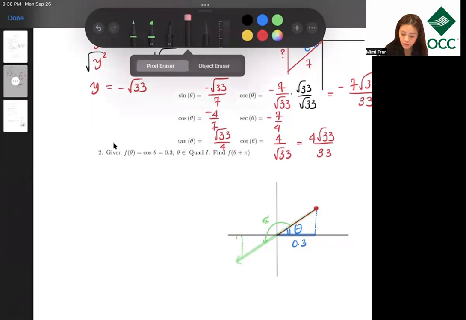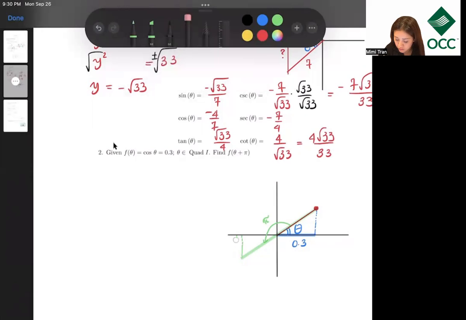Like that. All right. So by symmetry, this angle right here is also theta, right? And the length right here is also 0.3. However, because it is now on the left side of the origin, it is going to carry the negative value, so it'll be negative 0.3, right?